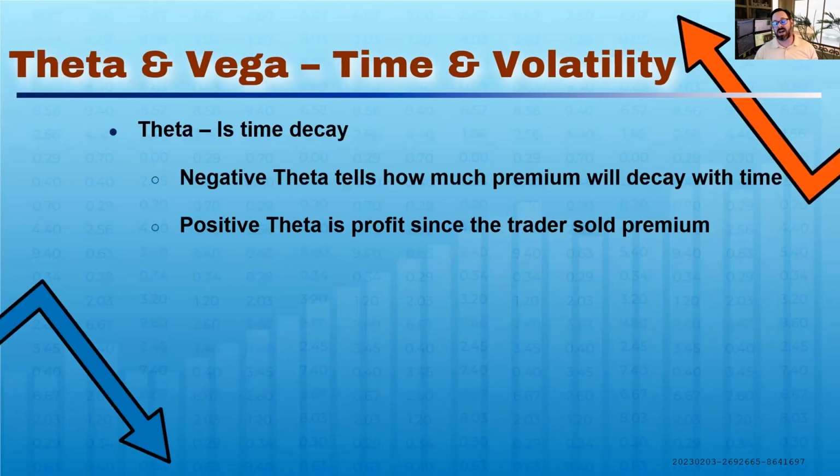Moving on, theta, time decay. If you have a negative theta, that's how much you're going to lose in premium every single day that passes. And when we talk about days with options, we're talking about at the close of business, which is 4 p.m. Eastern. That's when everything changes. You can't trade the option anymore.